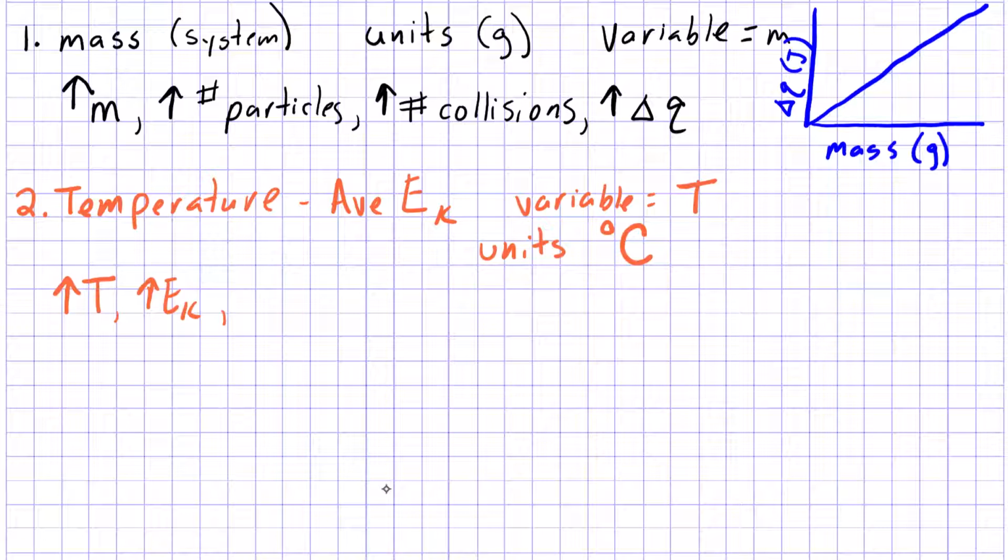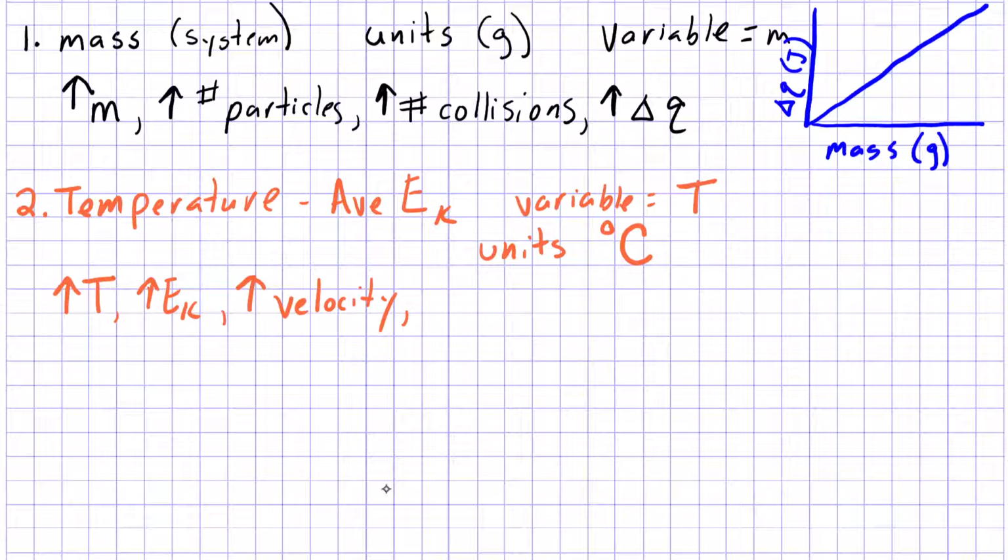And since we know that the mass isn't having an impact, that means we have a higher velocity. Because of the higher temperature, we have higher average kinetic energy, which means higher velocity. And then we have a higher number and force of collisions.